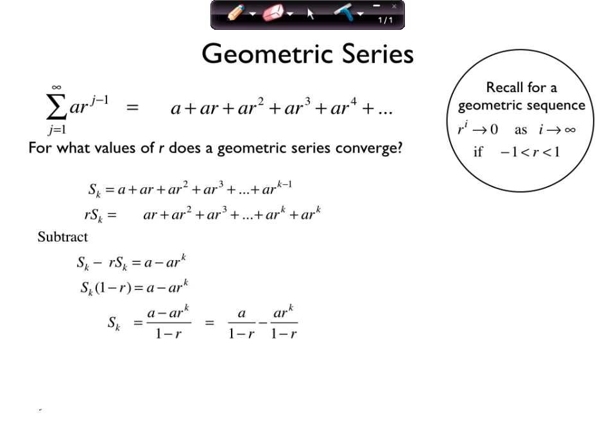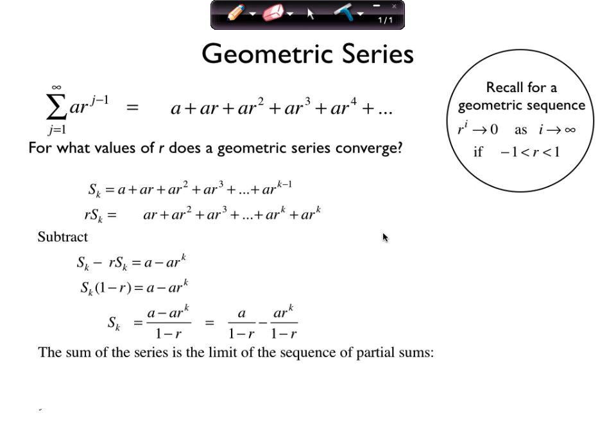Okay, so I'm going to split that fraction up into a difference using the difference of the numerators. So that's another way to write the kth partial sum. And remember what we said earlier in class. The sum of this series is the same as the limit of the sequence of partial sums, right?